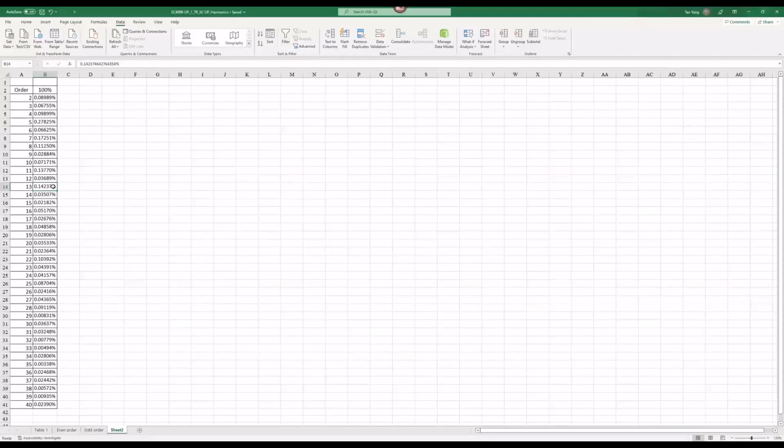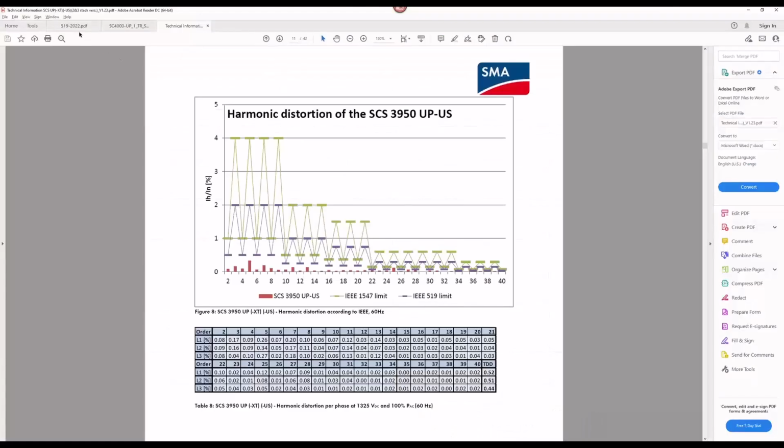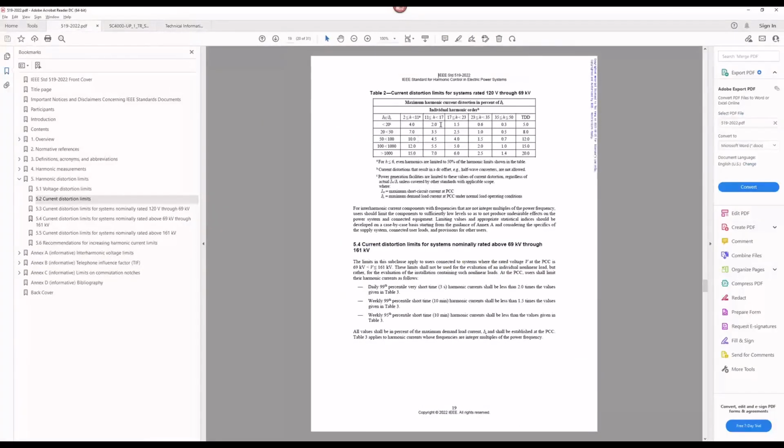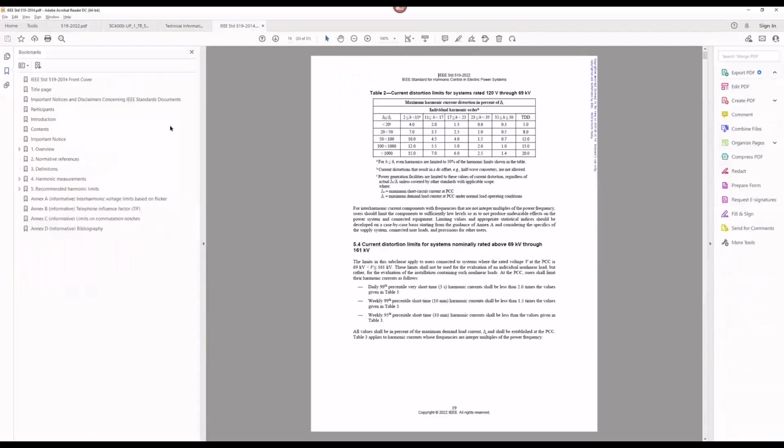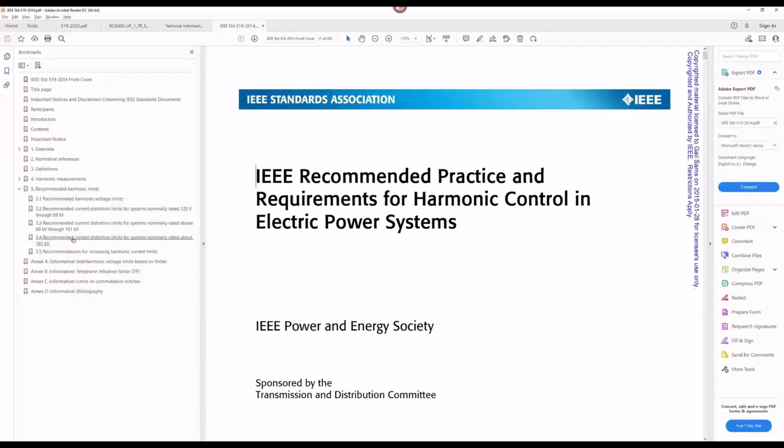Together with the other quantities, you can see that the 11th and 13th orders are 4 to 5 times larger than the other harmonic spectra. And the IEEE limit, if we go back to the IEEE limit for the high order, oh, this is 519-2020. So let's go back to the 519-2014. So how do we measure it?